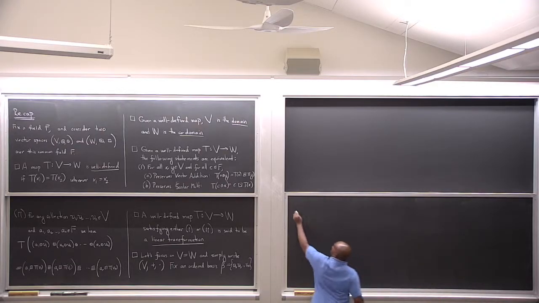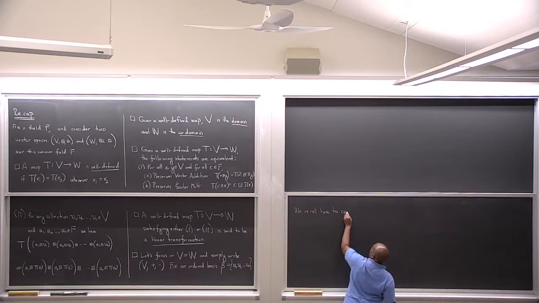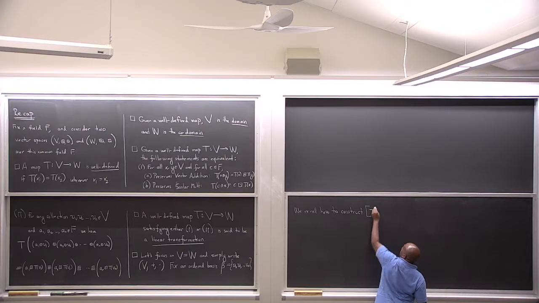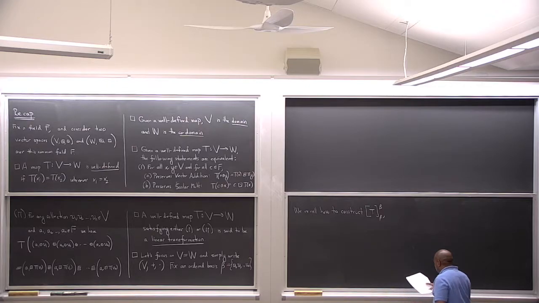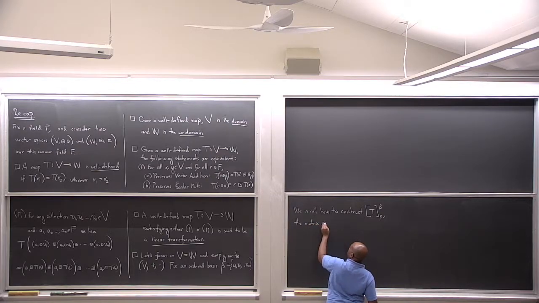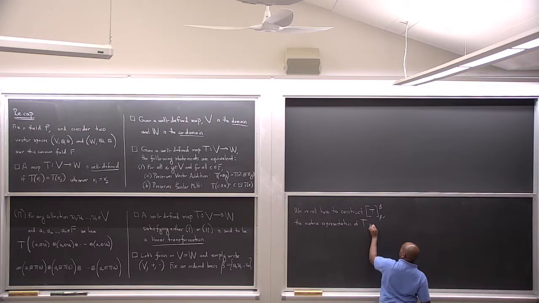I want to recall how to construct this funny symbol here, this T beta beta, that is the matrix representation of T with respect to beta.